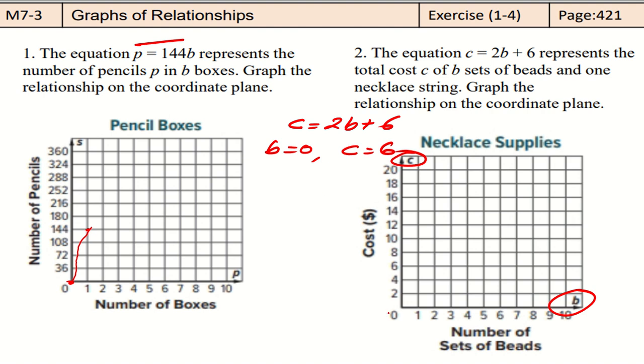So point will be 0, 6 here. Okay. And another point you will take, I am taking B as 1. So C will be equal to 1 times 2, 2, 2 plus 6, 8. So 1, 8, this point. Okay. Just join this line like this. Okay. This will be your answer.